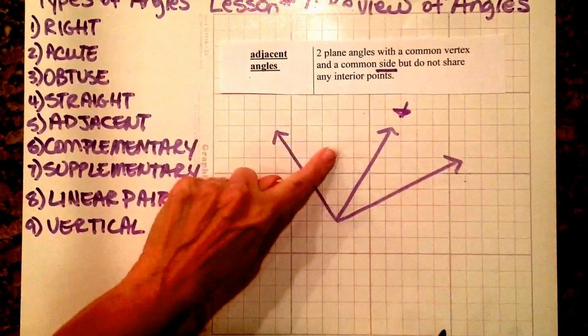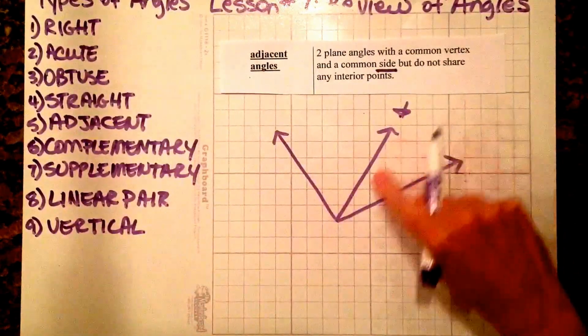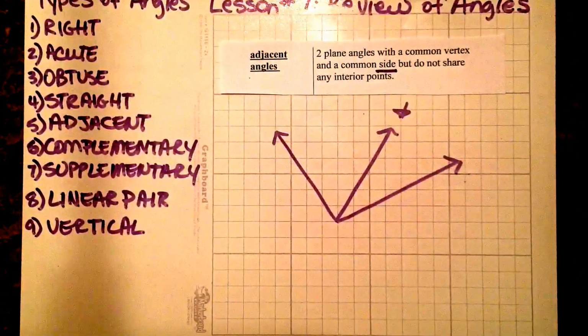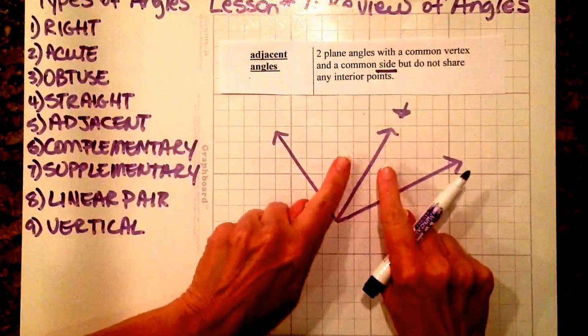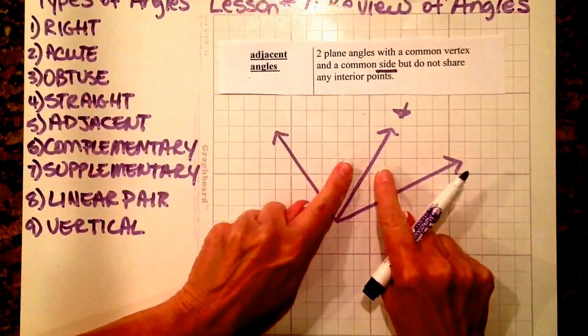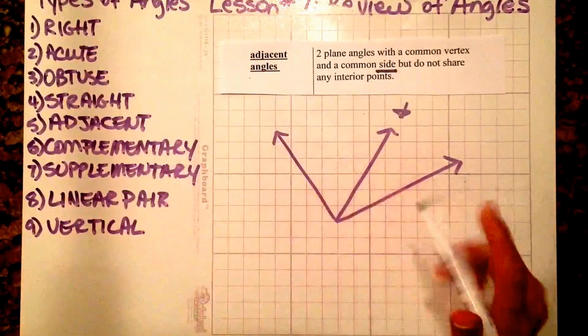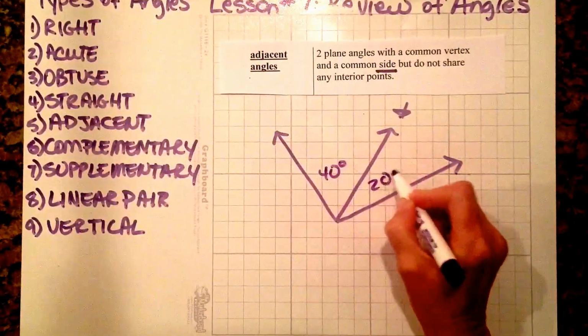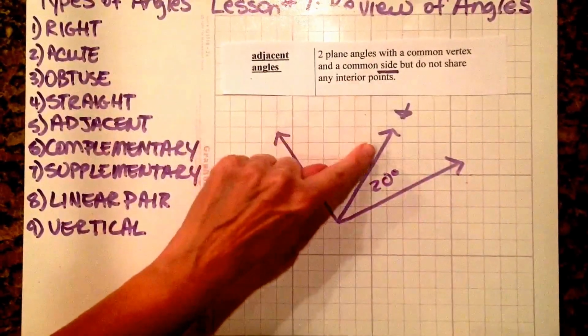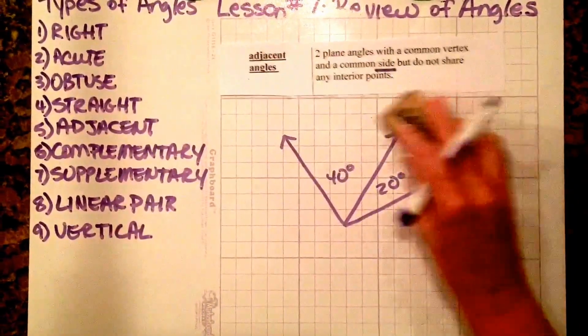See how this angle and this angle share that common side right there. Now, some things to remember. These angles are not necessarily the exact same measure. This angle could be 40 degrees and this angle could be 20 degrees. As long as they share the common side, they're adjacent.